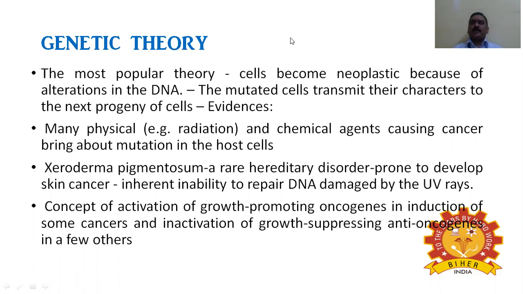The mutated cells transmit their characters to the next progeny of cells. For example, we have some evidence. Many physical agents, for example radiations, and chemical agents cause cancer by bringing about mutations in the host cells.